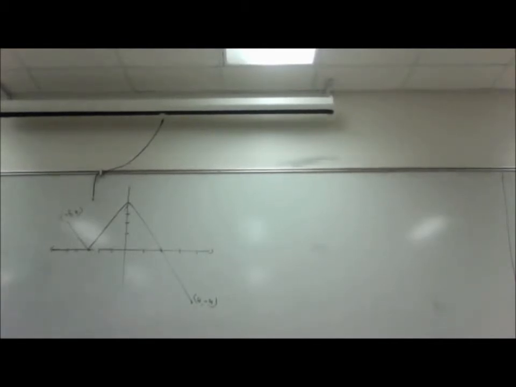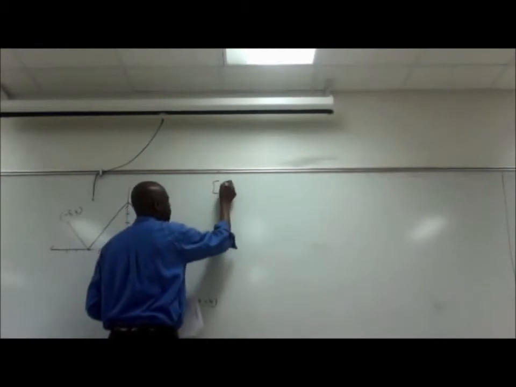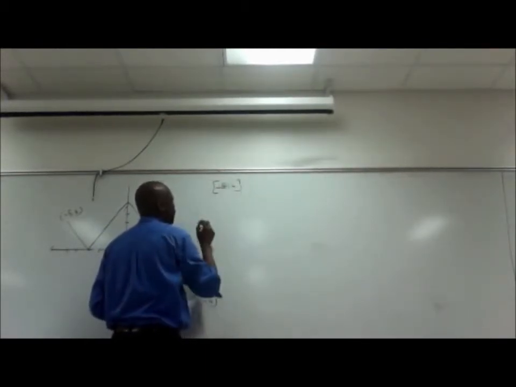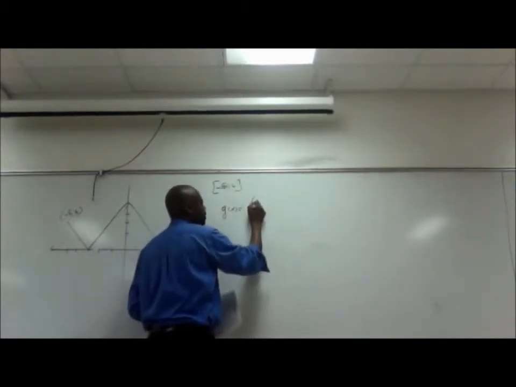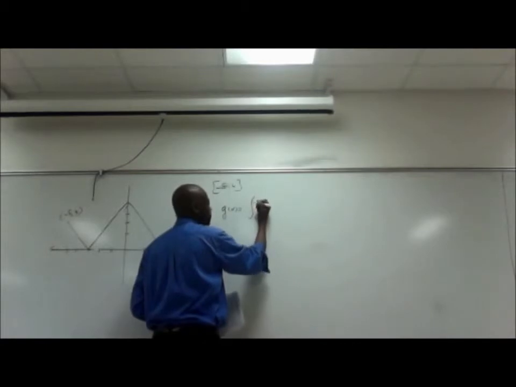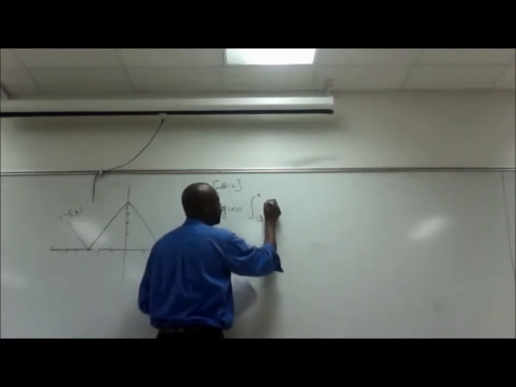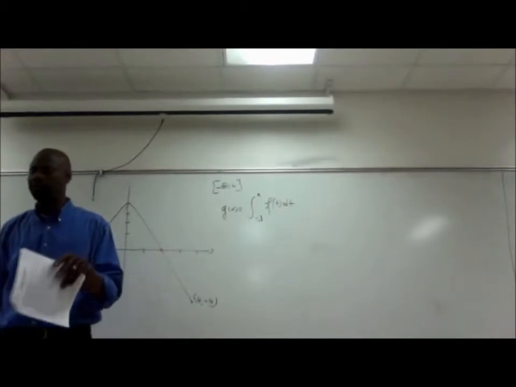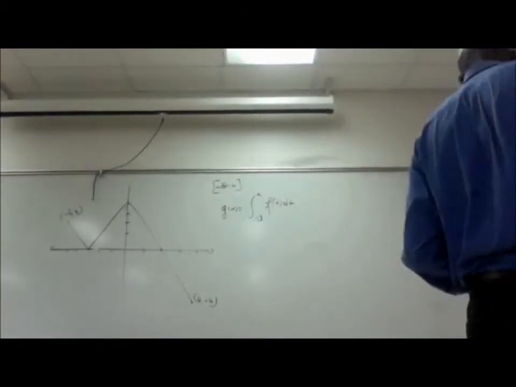All right, the next one here, the interval is -5 to 4. g of x is the integral from -3 to x of f of t dt. I know I wrote f prime, it's a typo, it's just f.